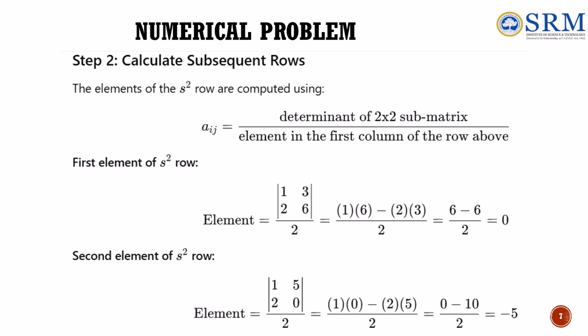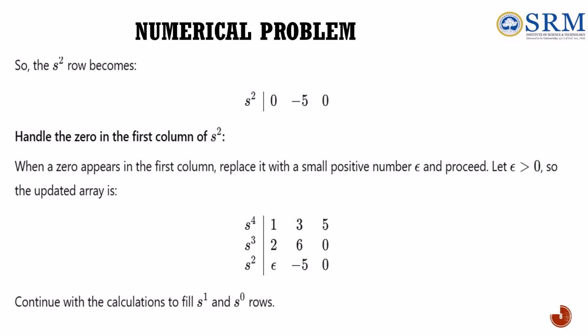The second element is the determinant of [1, 5; 2, 0] divided by 2, which equals minus 5. So the s^2 row becomes 0, minus 5 and 0.